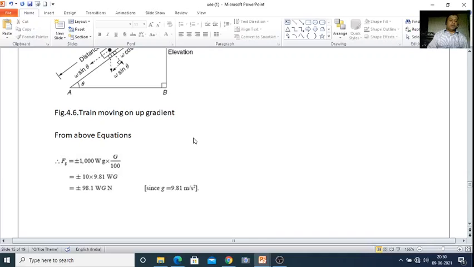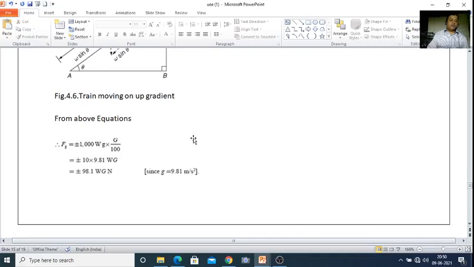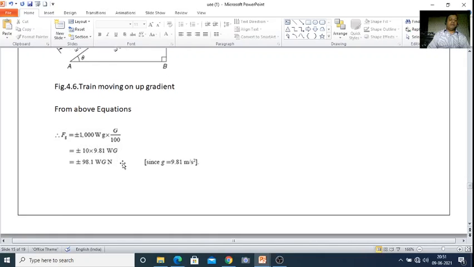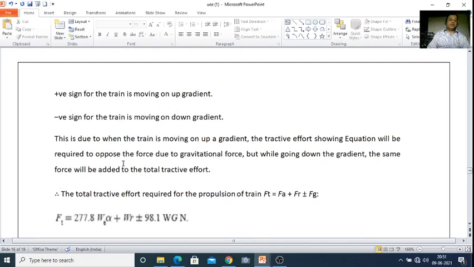From the above equations, Fg is equal to 1000 W g into G by 100, which gives you 98.1 W G newtons, where capital G is the gradient, and here we will be putting the tractive effort equation as 98.1 W G newtons. Here we can take the positive as well as negative sign: the positive sign if the train is moving up gradient, and negative sign if the train is moving down gradient.